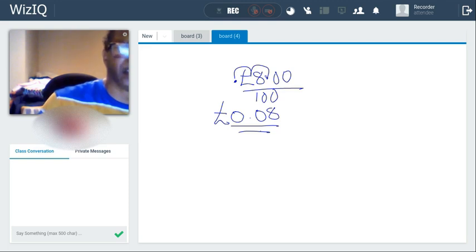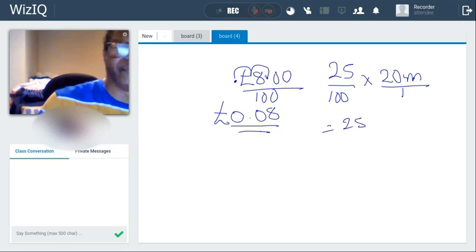Then 25%. So 25 over 100 of means multiply by 20 pounds over 1. So therefore, it's going to be 25 multiplied by 20 over 100 multiplied by 1.